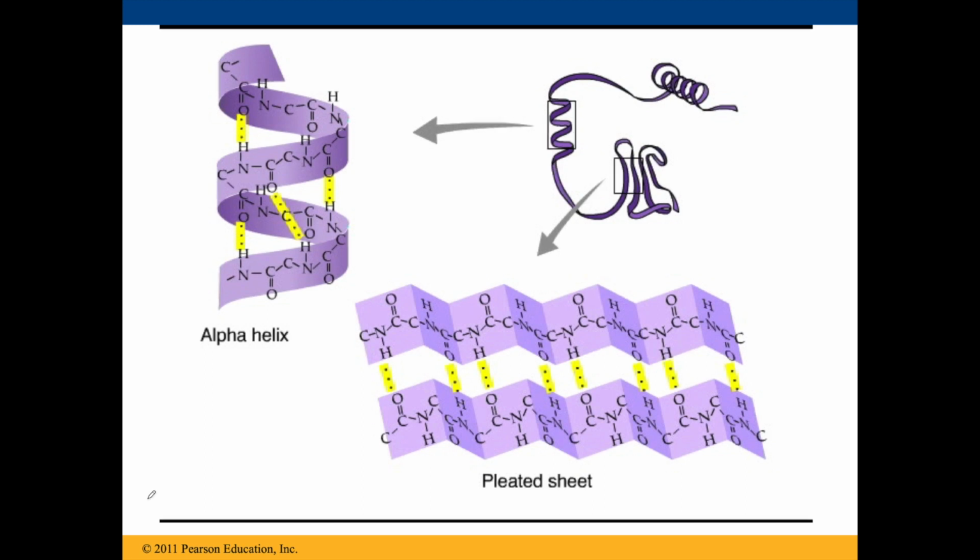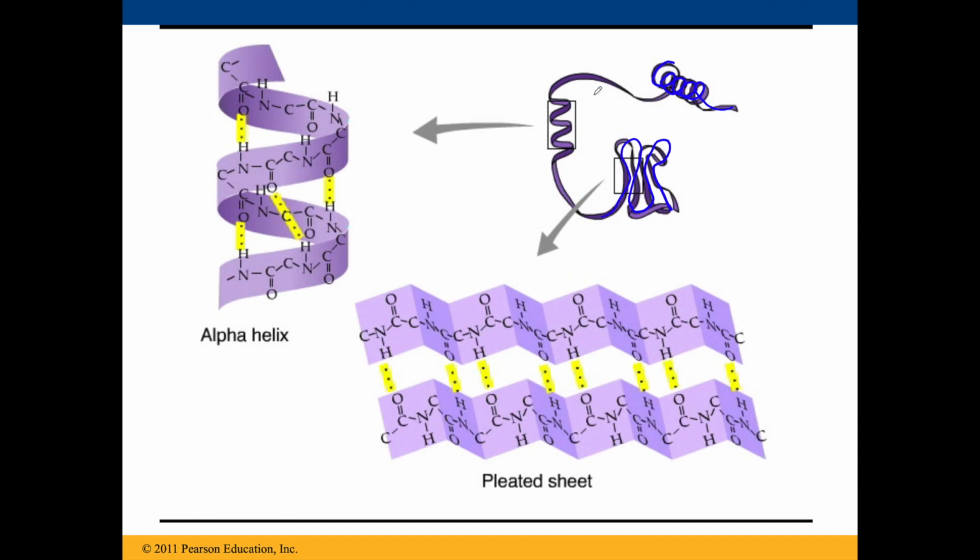Okay, so we have primary structure, which is the chain of the amino acids, and that's held together by covalent bonds called a peptide bond between each of the amino acids. That chain of amino acids is going to be represented by this purple ribbon here. On top of that, after you already have that chain of amino acids, it can coil on itself, forming an alpha helix, or it can fold on itself, forming a beta pleated sheet.